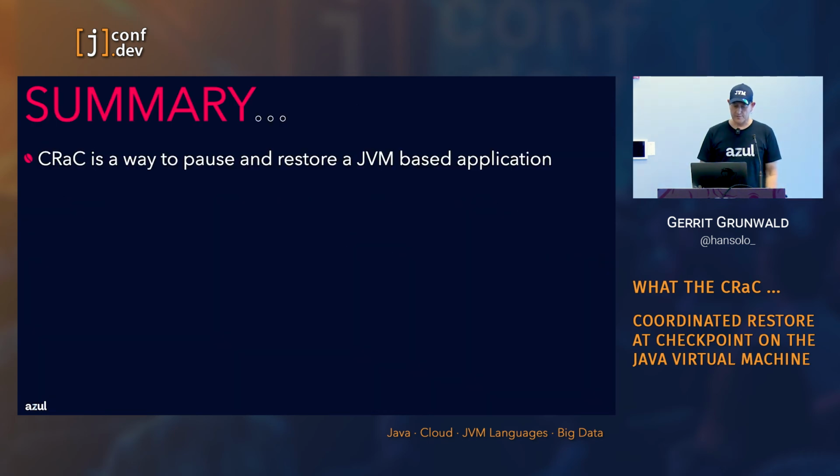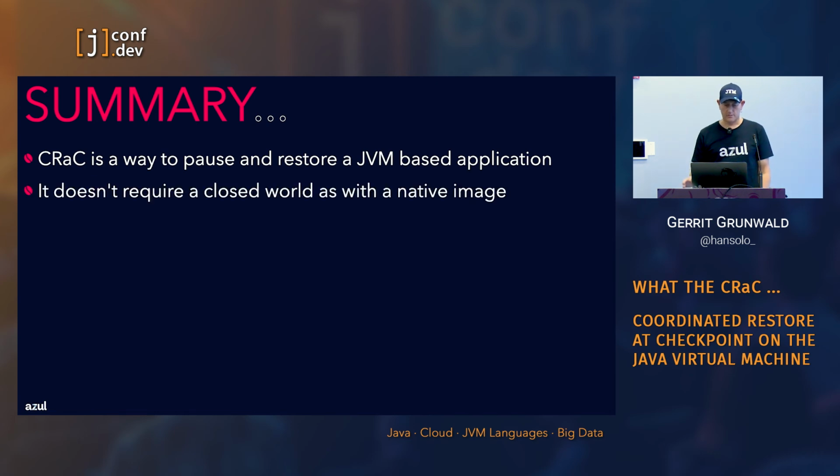Okay, so the summary. CRaC is a way to pause and restore JVM-based applications, and it doesn't require a closed world like the native image in GraalVM. They need really to know everything. We don't need that, right? Even if after the checkpoint you load some other stuff dynamically, it will run, no problem.